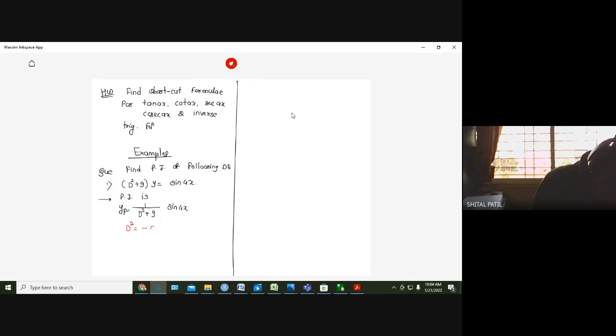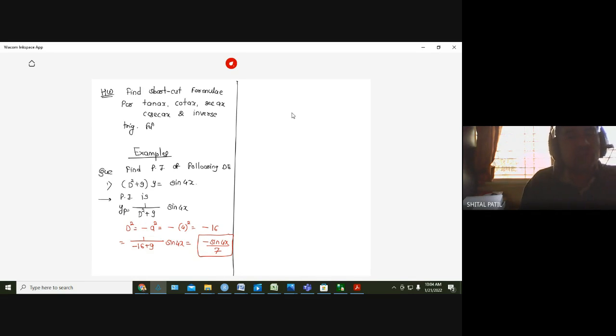So d square is to be replaced by minus a square. What is a here? 4. So square first, and then attach the negative sign. Understood?